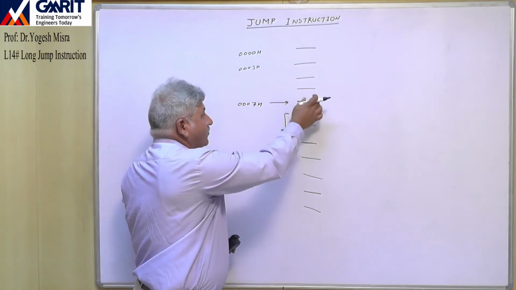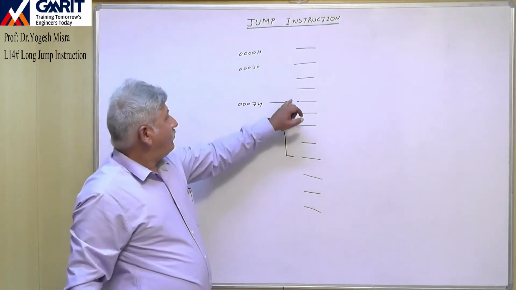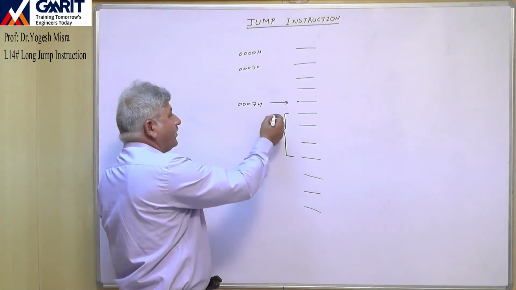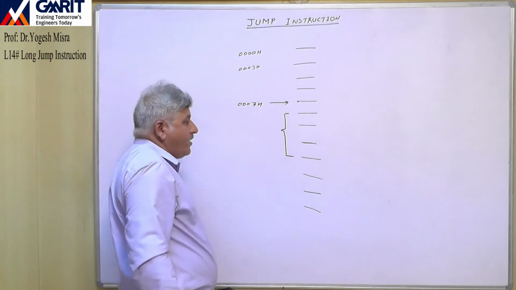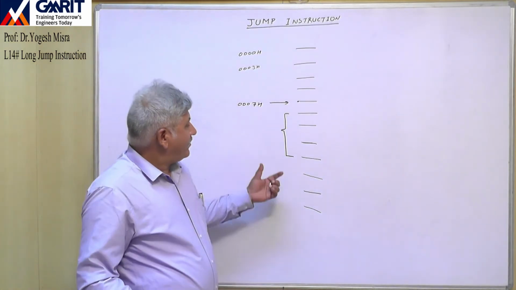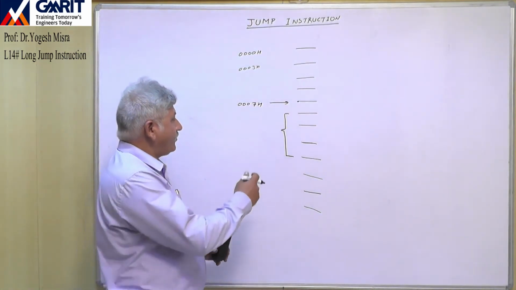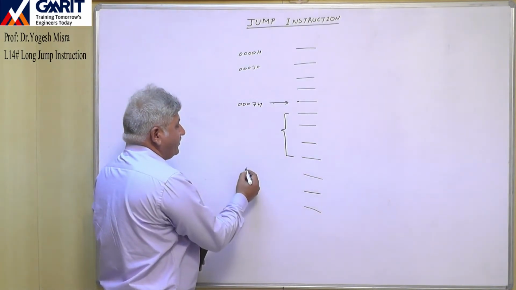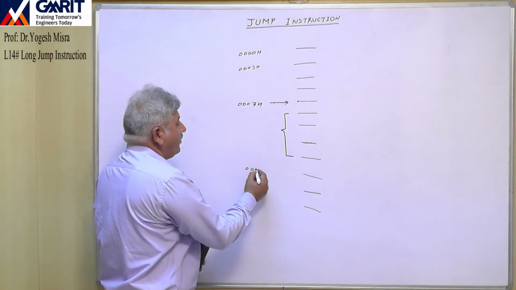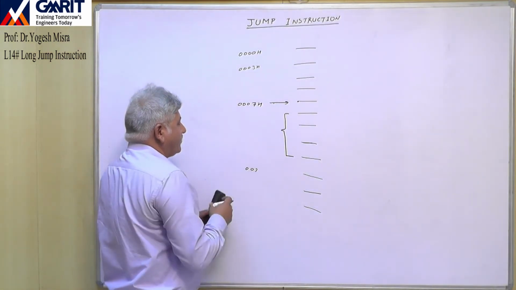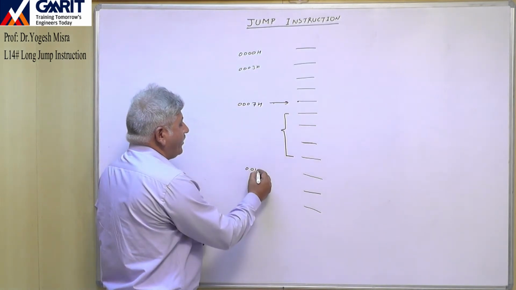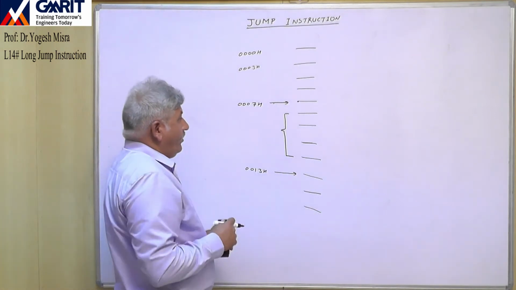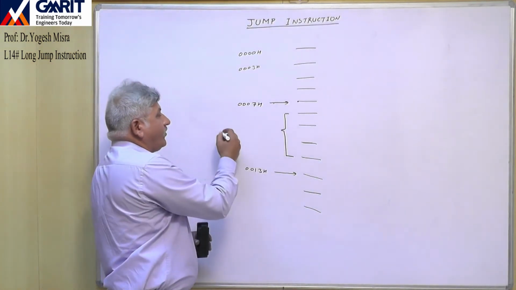After that, we don't want the controller to execute these many instructions. After this, it should execute this particular instruction, suppose at 0013H. So these many instructions we want to skip.